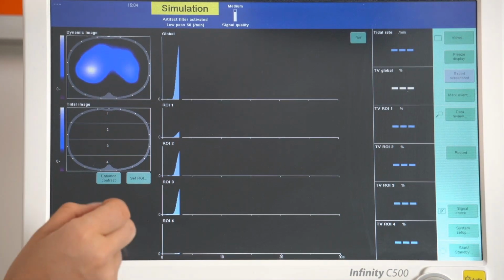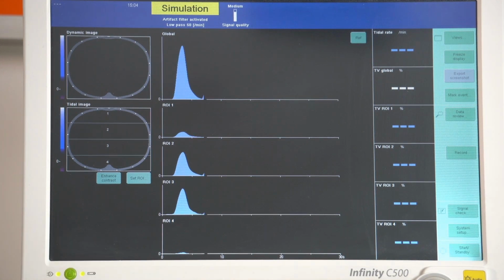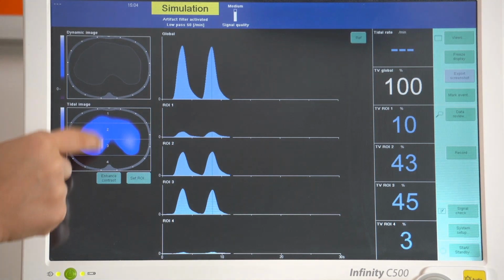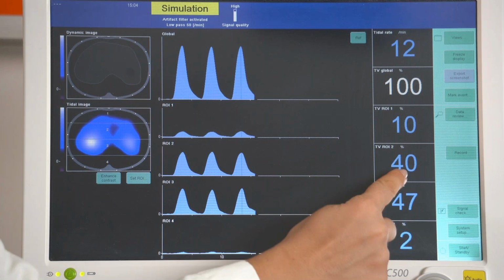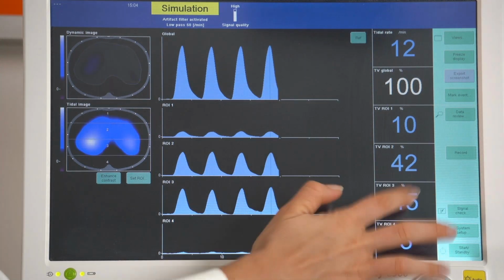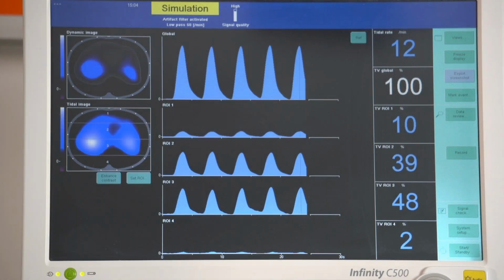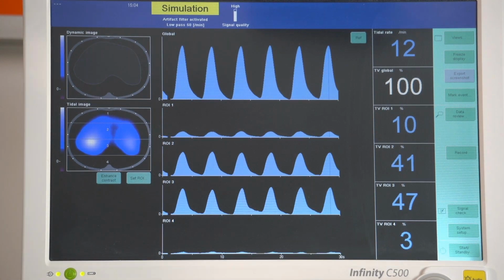Normally our ventilation distribution should be quite equal in all 4 areas of the lung. Usually in the region of interest 2 and 3, there should be about 35 to 45%, and in the region of interest 1 and 4 around 10 to 15%. In our case, we have almost no ventilation in the region of interest 4.